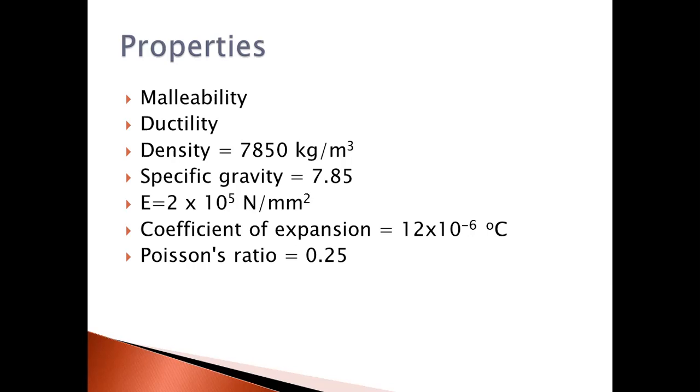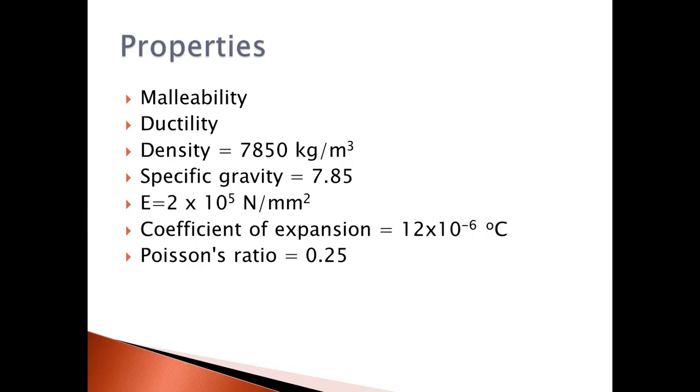That denotes the density. If we have steel of 1 meter cube, the density will be 7850 kg per meter cube.